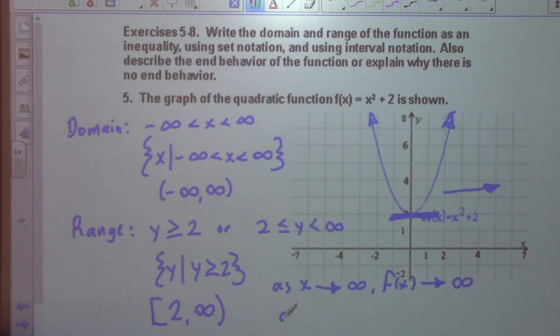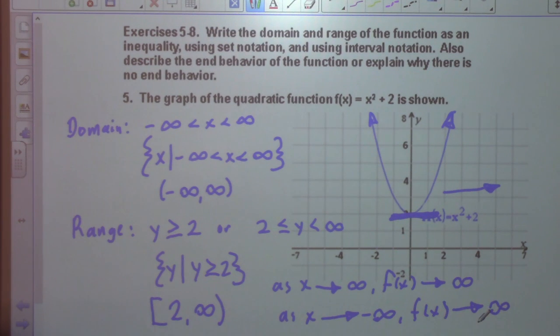And then, what about the end behavior in the other direction? As x approaches negative infinity, f of x approaches... It'd be infinity. Negative infinity? No, wouldn't it be infinity, because both arrows are going up?